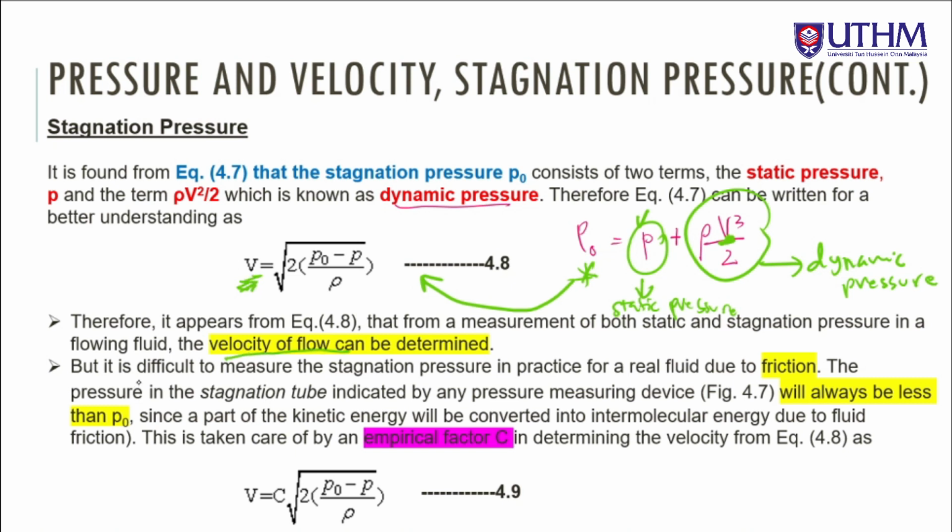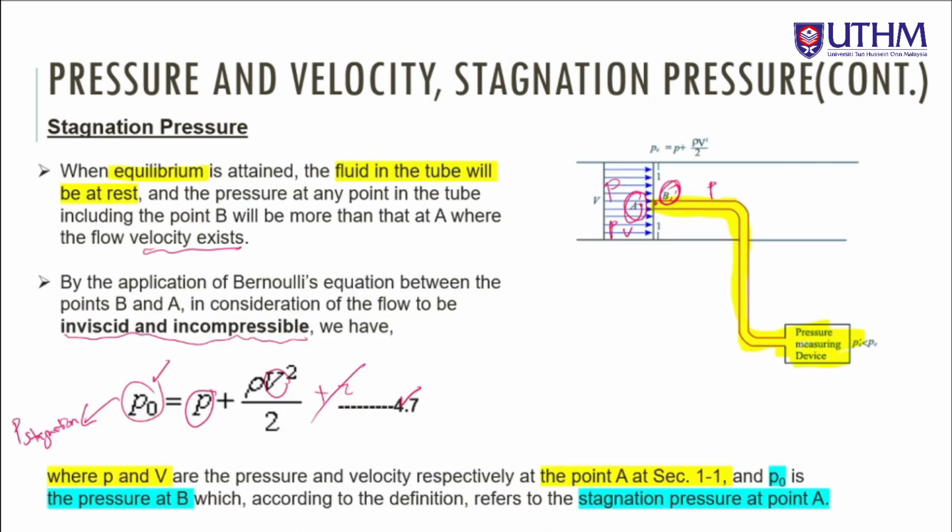But in real life, it is actually difficult sebenarnya untuk kira this stagnation pressure, because real fluid actually contain friction kan. Kita anggap sebelum ni benda tu perfect kan. Fluid flow kalau kita tengok kan, tak ada boundary layer kan, elok je, no viscous effect kan.